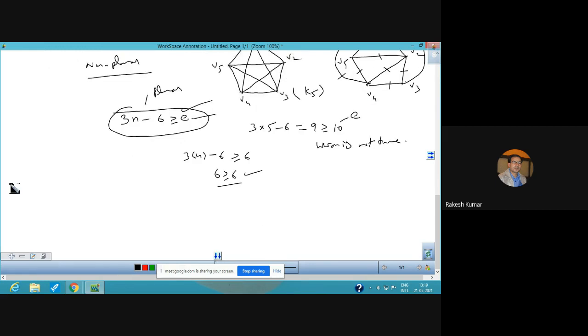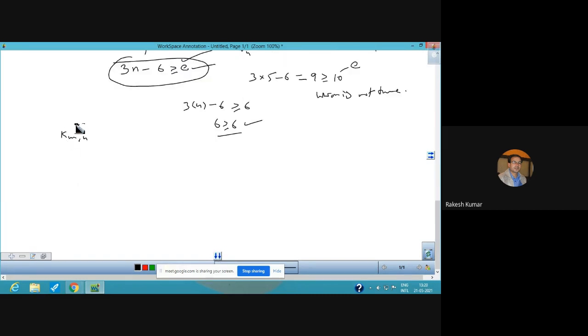Now, what about the graph K(m,n)? This is another type we have for checking planarity. K(m,n) means there are two different sets, bipartite. This is the notation for a complete bipartite graph.